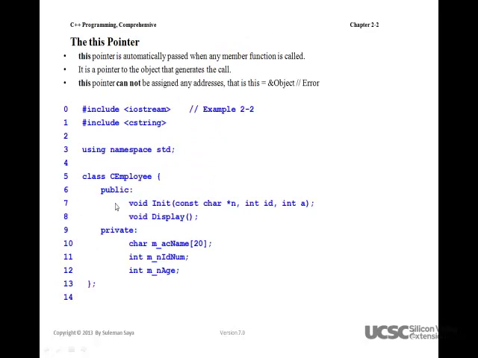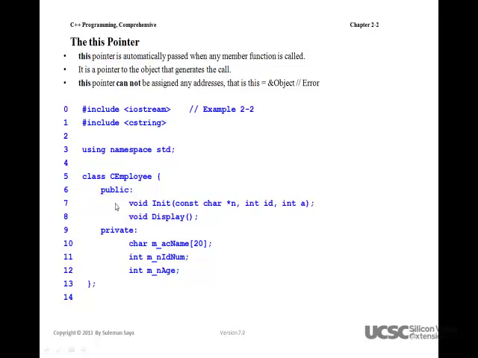Next slide. Let's look at what this pointer is. It is very important that you know the pointers in C, and of course in C++. So pointers in C and C++ are the same.